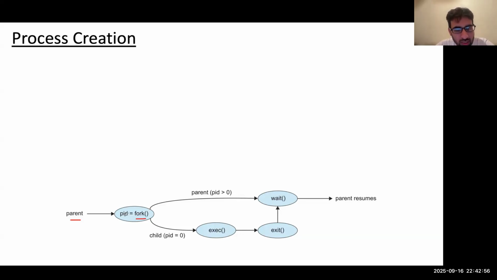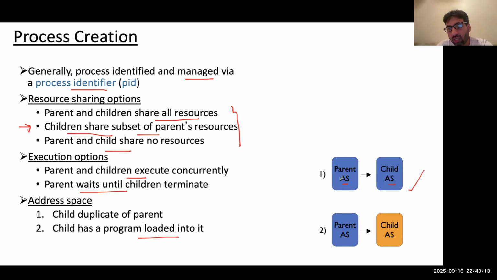The value seen by the parent is the process ID of the child process. But again, the same code is also, because remember we said that one option is that when a child is created, the parent address space is duplicated into the child address space.